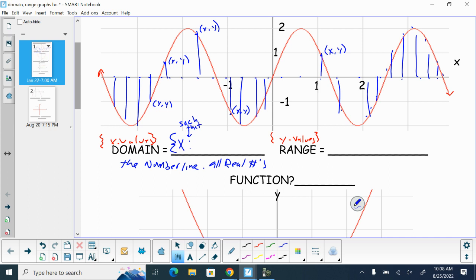Set of values x such that this x, and then we do a half circle with a line through it. This is an epsilon, lowercase epsilon, means is a member of. So we have a set of values x such that x is a member of the reals.